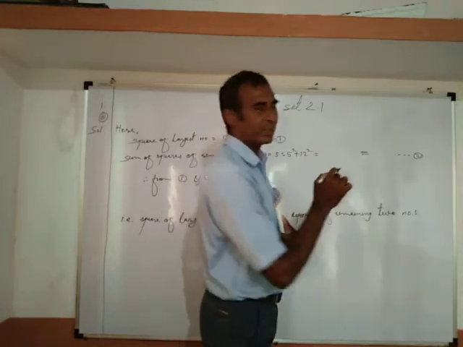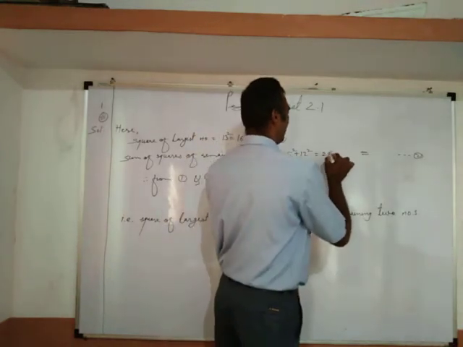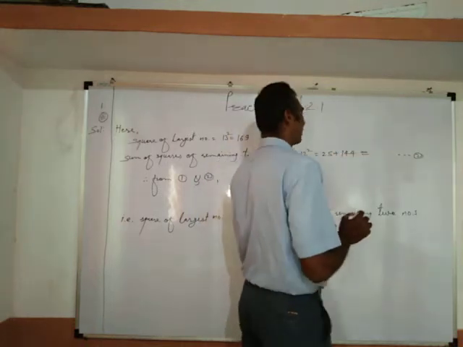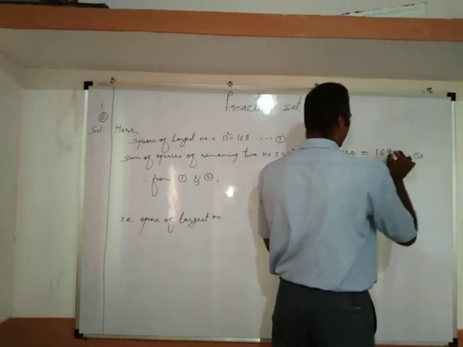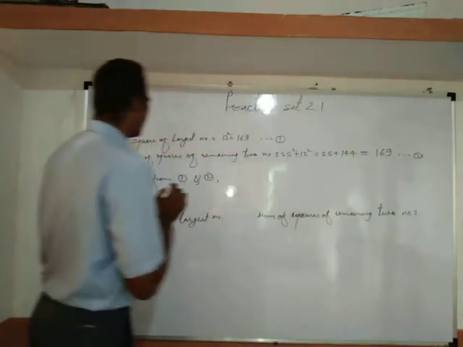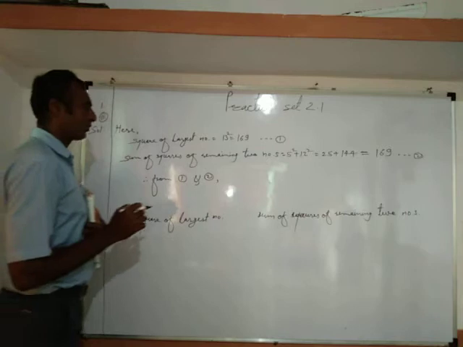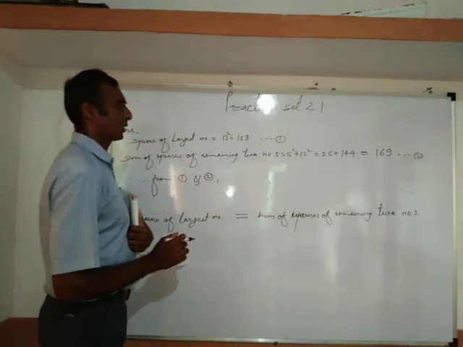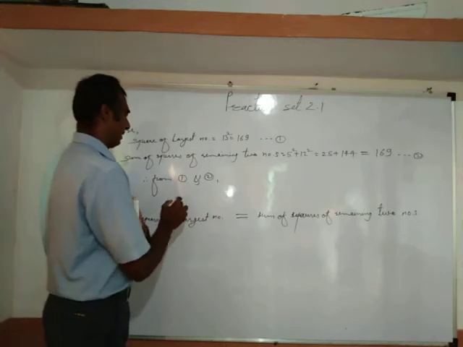The square of 5 is 25 and that of 12 is 144. 144 plus 25 gives us 169, and therefore from 1 and 2 the square of the largest number equals the sum of the squares of the remaining two numbers.